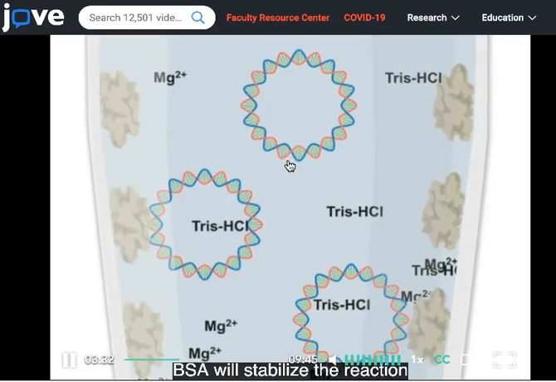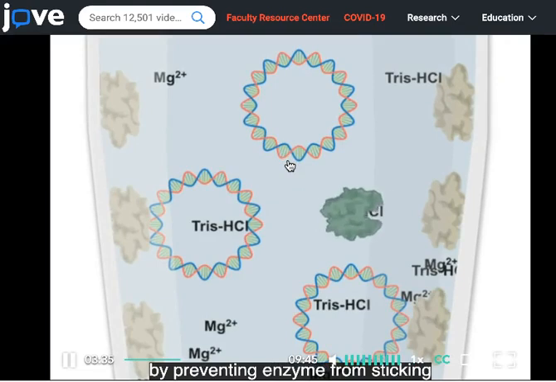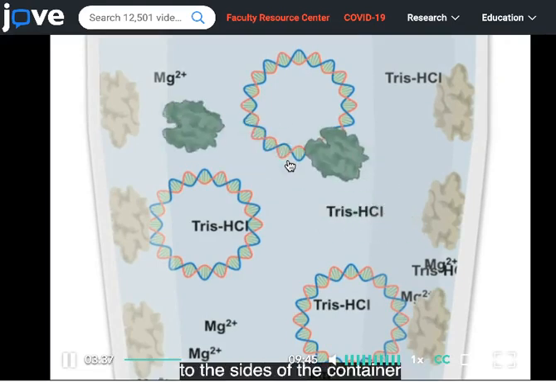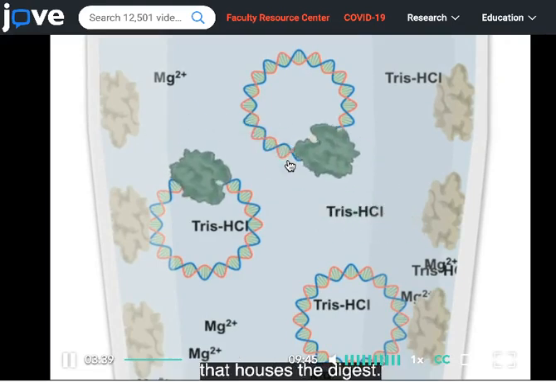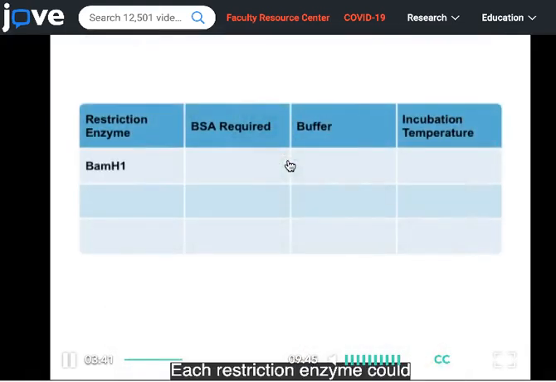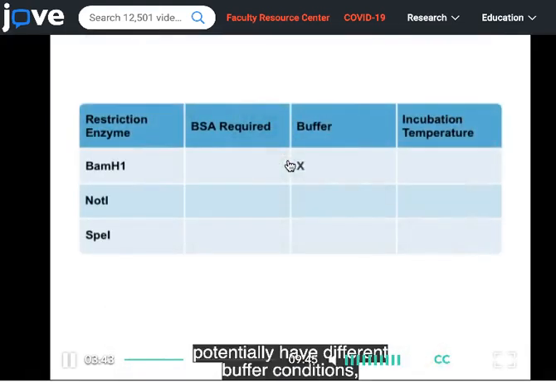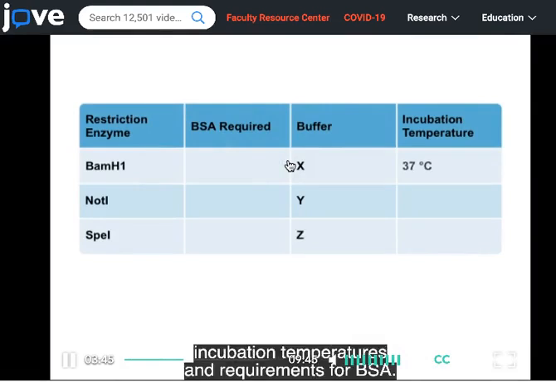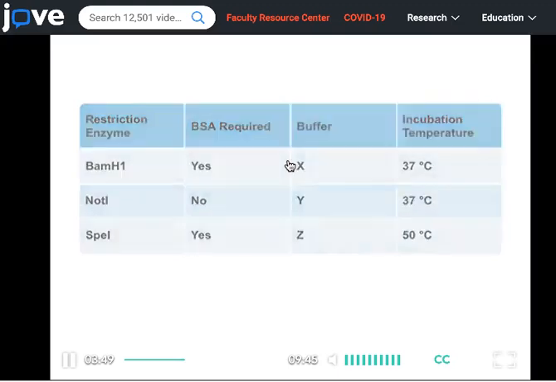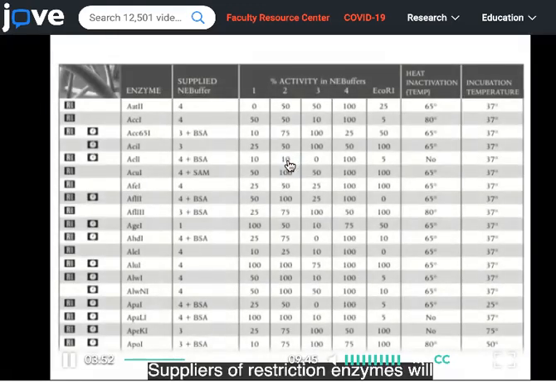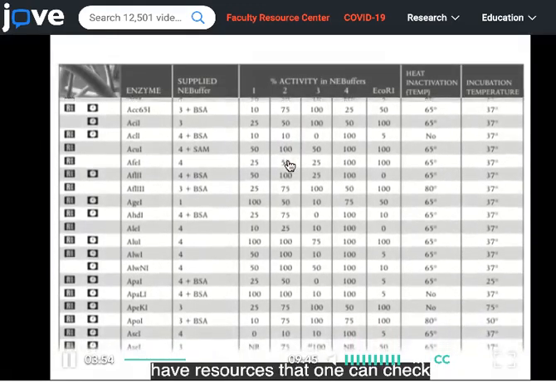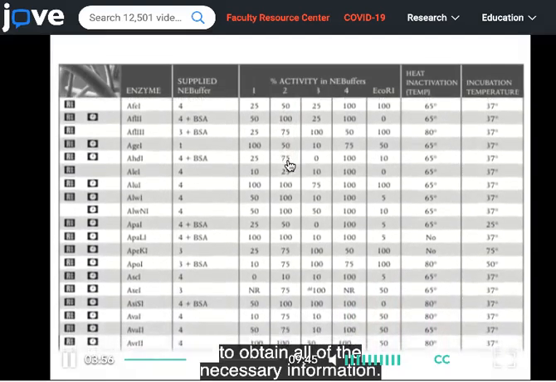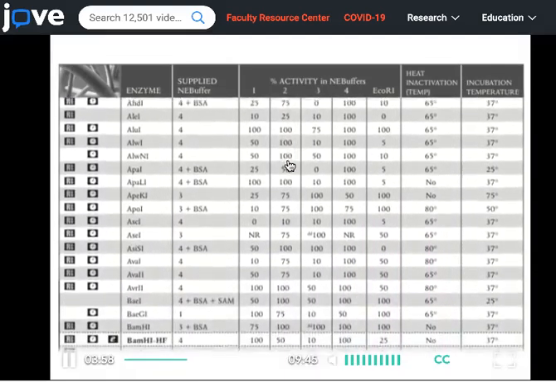BSA will stabilize the reaction by preventing enzyme from sticking to the sides of the container that houses the digest. Each restriction enzyme could potentially have different buffer conditions, incubation temperatures, and requirements for BSA. Suppliers of restriction enzymes will have resources that one can check to obtain all of the necessary information.